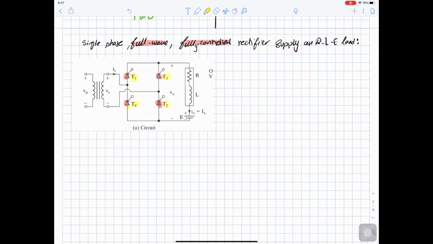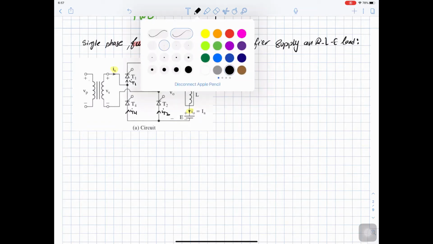And now we need to do the sketch for Vn, Vout, etc. Now let's define our variables. Here we have I source, here we have I out, and we can say this is I thyristor 3, I thyristor 1, I thyristor 4, I thyristor 2.